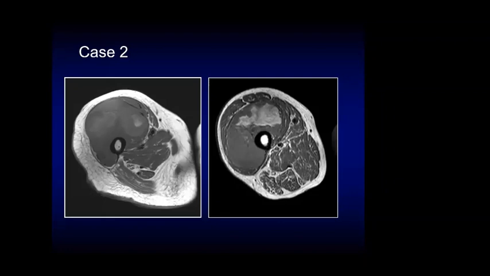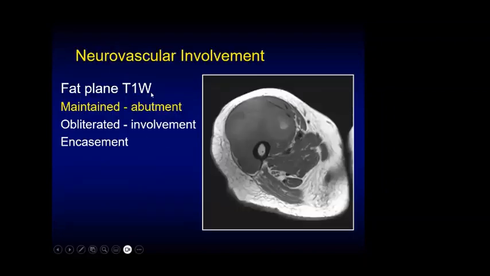Exactly. Our next local staging feature of the tumor is involvement of the neurovascular structures. So we talked about localization as one of the first things you do for soft tissue tumors.